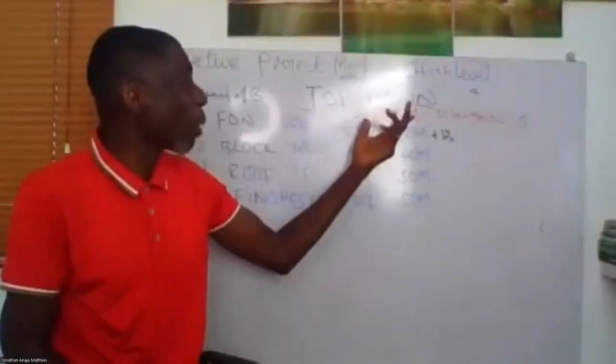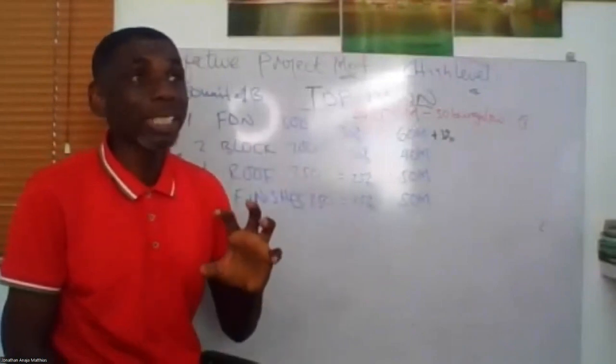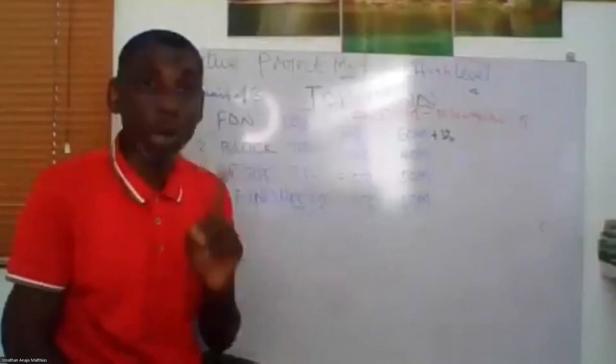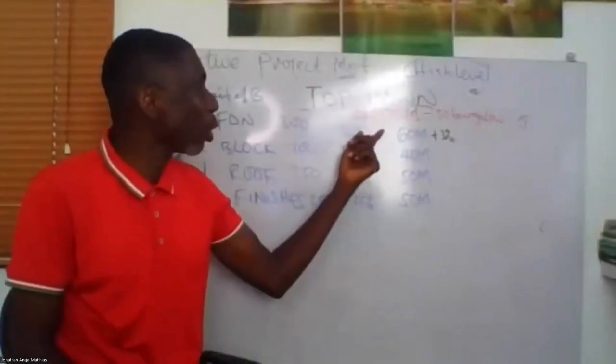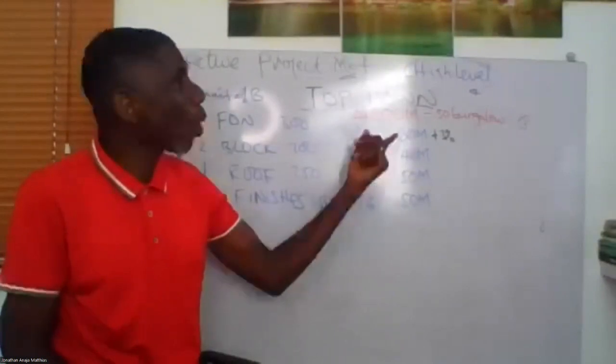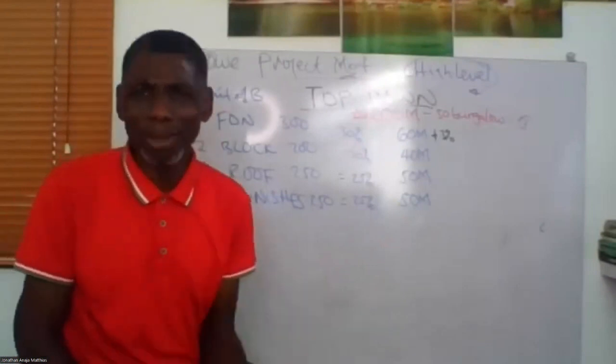If a client says, I want to spend 200 million, it means he wants to spend around 200 million. If you come and tell the client your 200 million has turned to 300 million, there may be trouble. But if you tell the client your 200 million has turned to 200 million or maybe 201 million, do you understand?